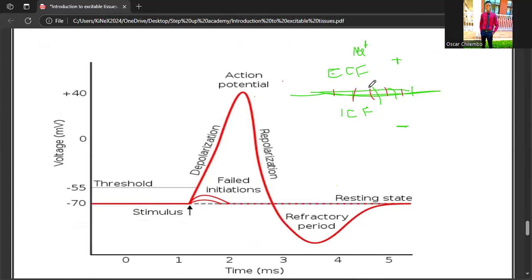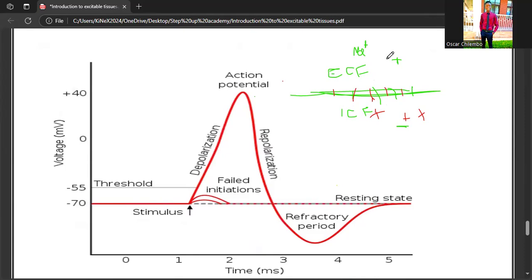So at this point, sodium starts entering. Once sodium starts entering, it's making the inside more positive. Initially, I said it's negative. It's making it more positive because sodium is a cation. It's positively charged.